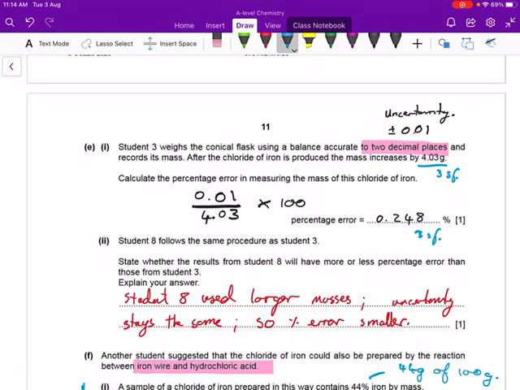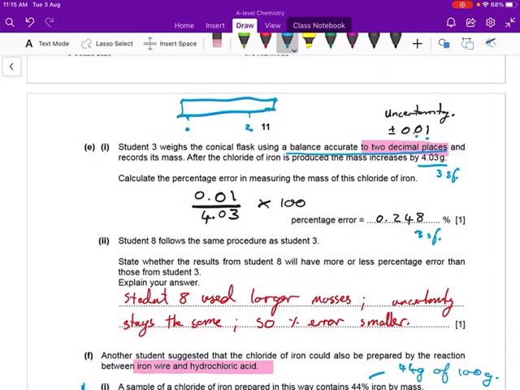Uncertainty, very important. If we have a balance, and it's specifically a digital balance to 2 decimal places, it's usually the last digit that we use in digital apparatus as my uncertainty. If it was just measuring something like a ruler, and there is a first reading and a second reading, it would be half the smallest increment.